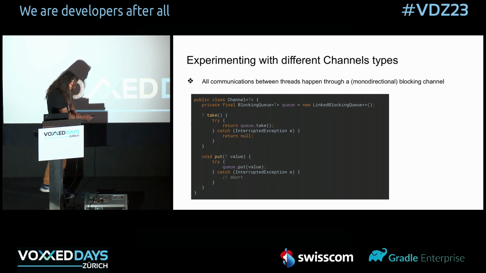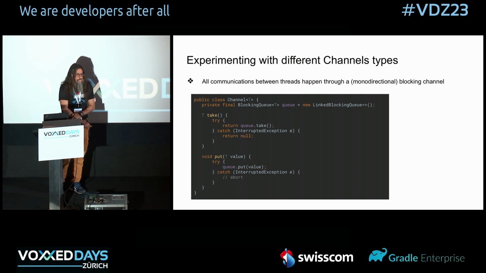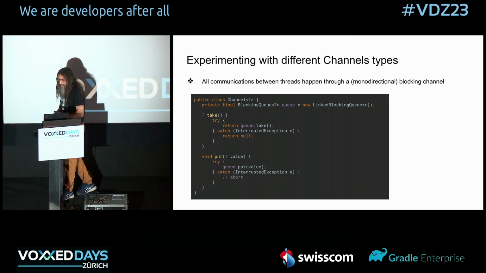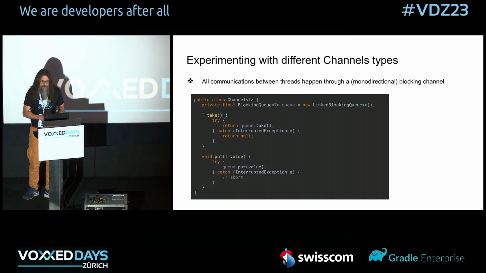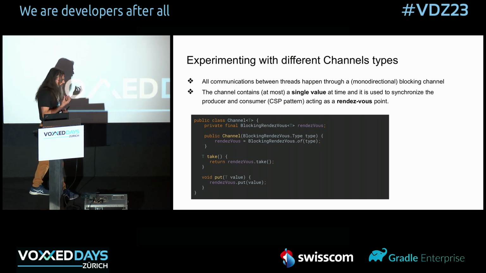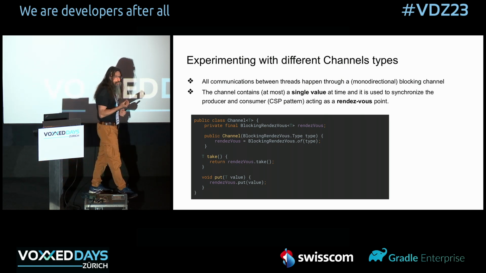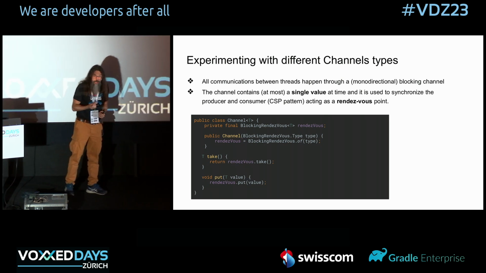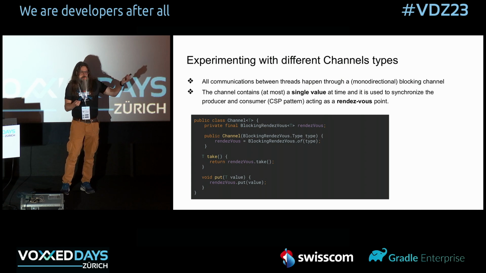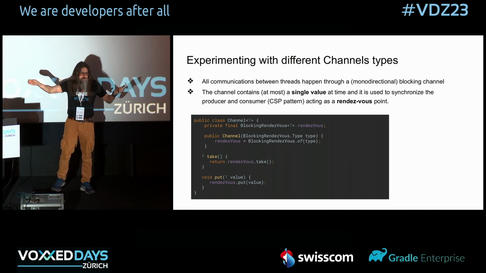Another experiment that I did was trying different channel implementations. As I said, the original implementation used a blocking queue, but then I realized that you really don't need a queue in this application. It's just one value at a time that is written from one side and read from the other side, by the other thread.